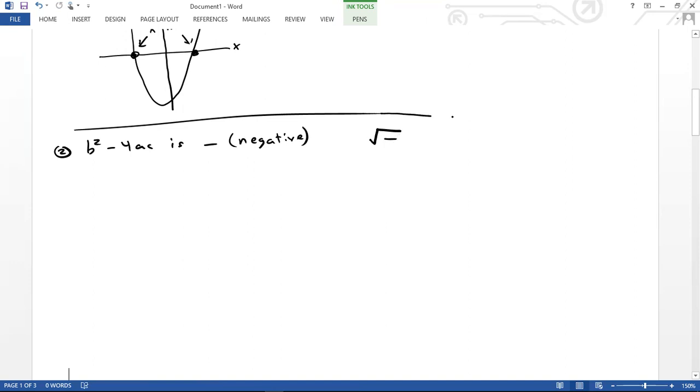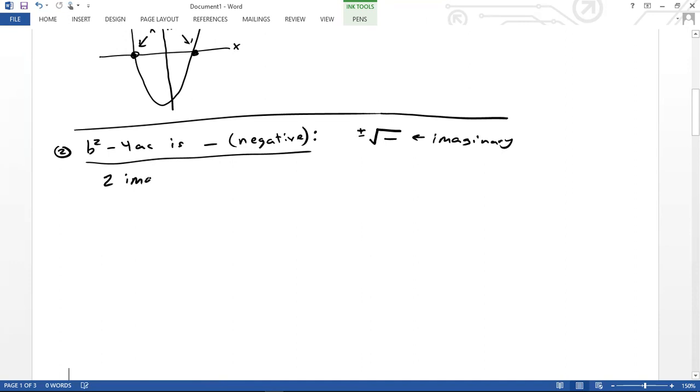And we covered that already. That is not a real number. That's an imaginary number. So you're going to get plus or minus an imaginary number.